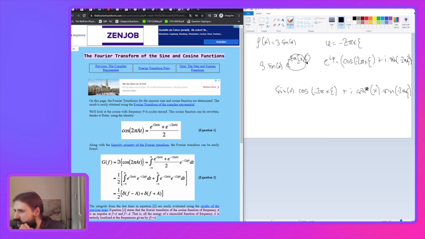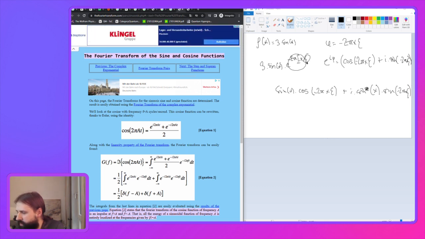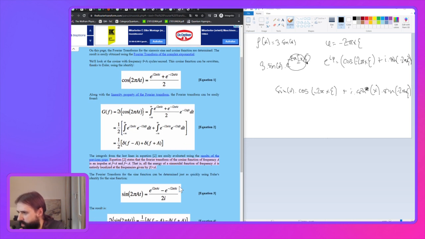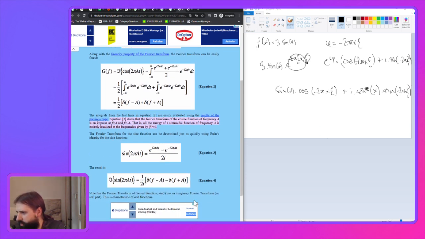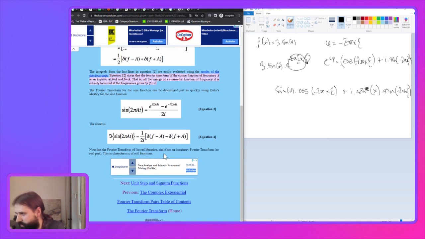Whoa. Nah, it's not that simple. Look at that. That is definitely not that simple. I thought it would be something simple though. Why isn't it simple?